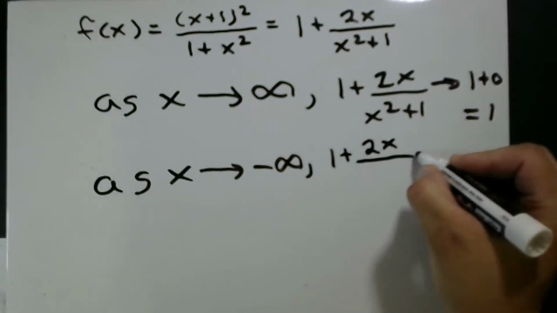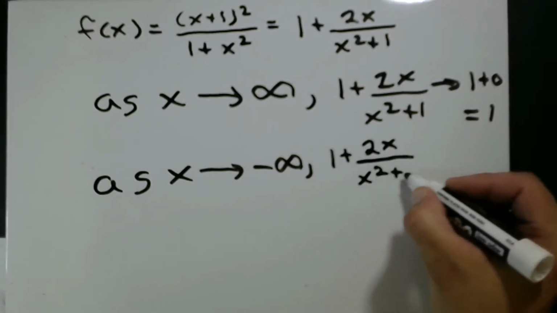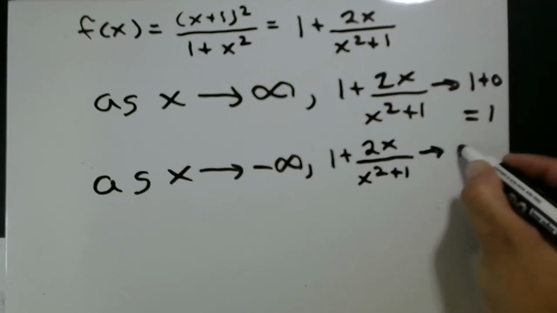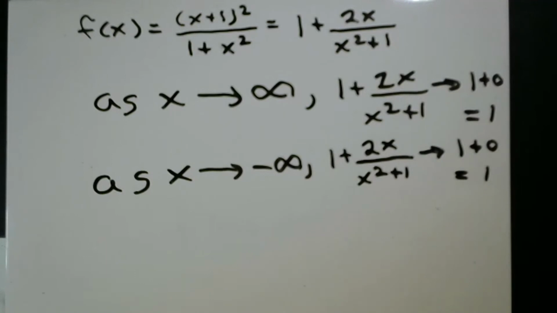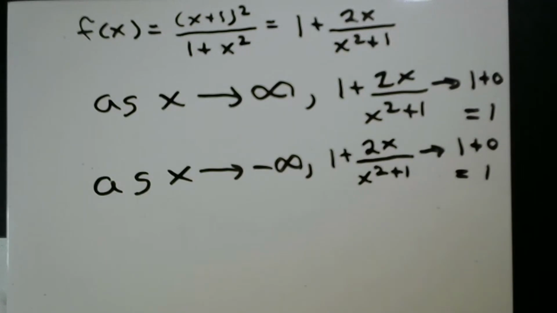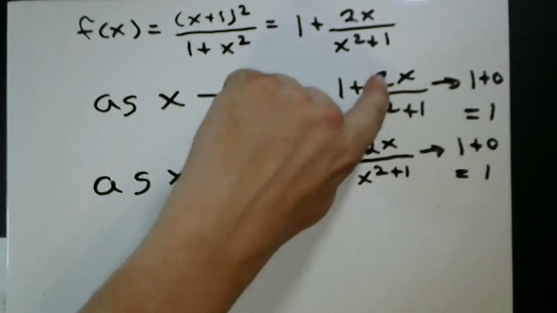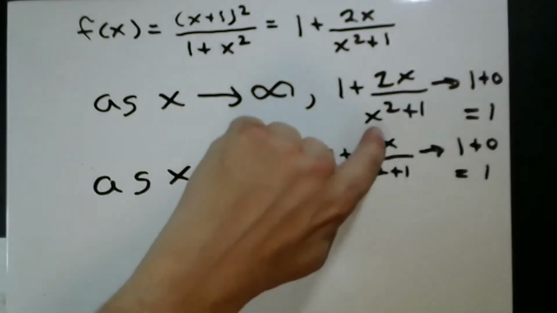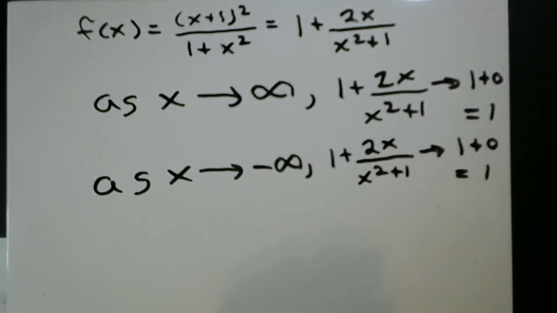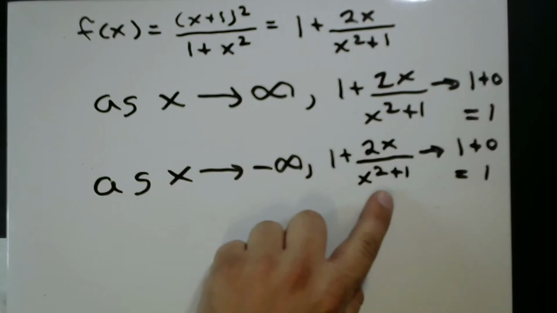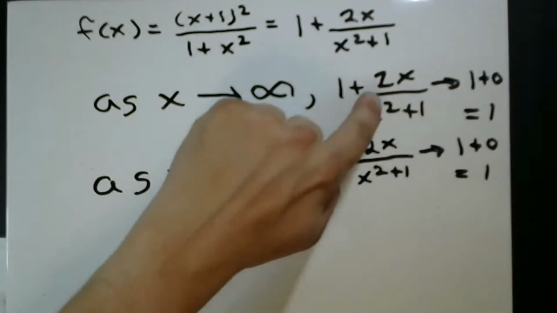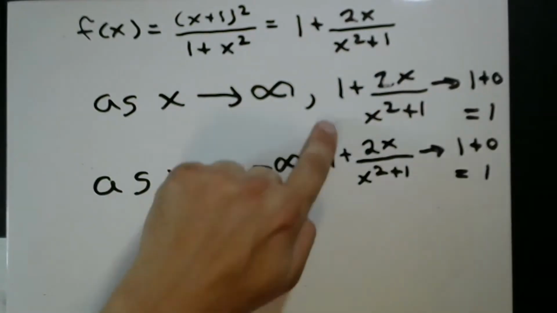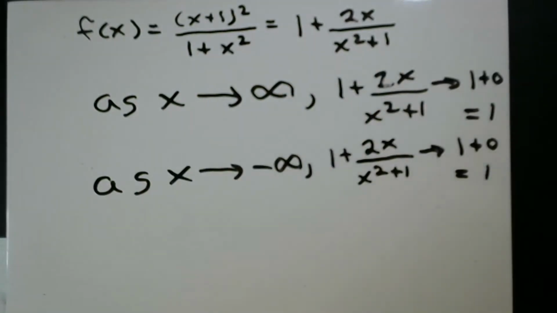So using our imagination, this is going to go to 1 plus 0, which for all intents and purposes is 1. And you can experiment with this, like try using x being 1,000,000, negative 1,000,000, and you're going to find it's going to be 1 plus a small number. Try 1,000,000,000 then, negative 1,000,000,000. It's going to be 1 plus an even smaller number.